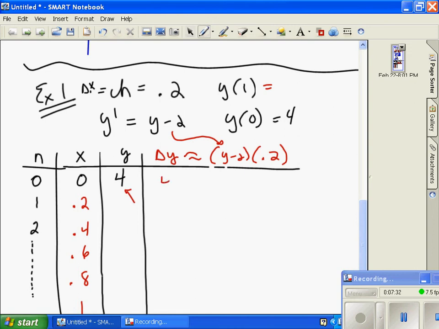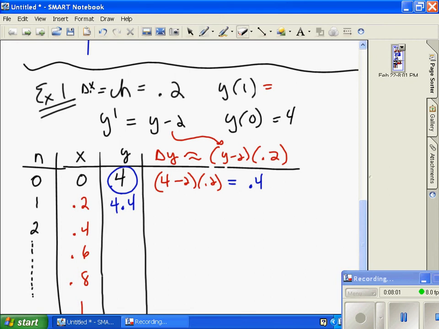That's the y value that I'm going to plug in. 4 minus 2 times 0.2. Well, what is 4 minus 2? We all know that's 2, times 0.2. I'm going to get 0.4. So I add that to the 4 that I have there already. What is 4 plus 0.4? Well, that's going to go right here, 4.4.